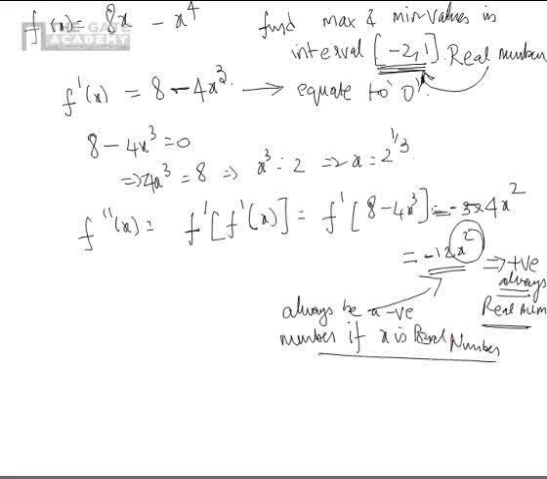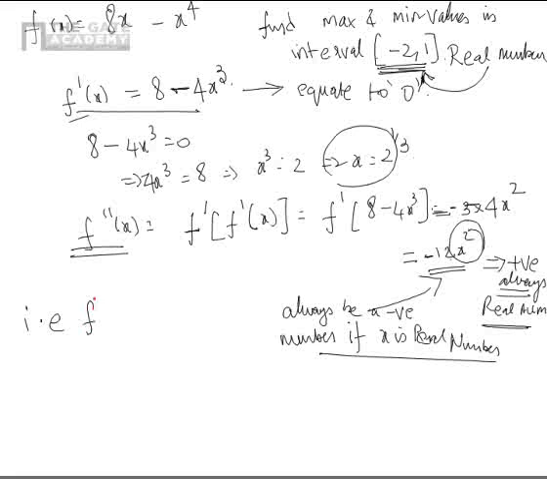Correct? So again we conclude that in this region f dash of x is 0 at 2 power 1 by 3, and f double dash of x is always having a negative value. That means what?